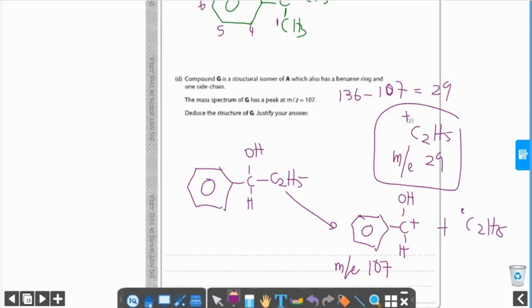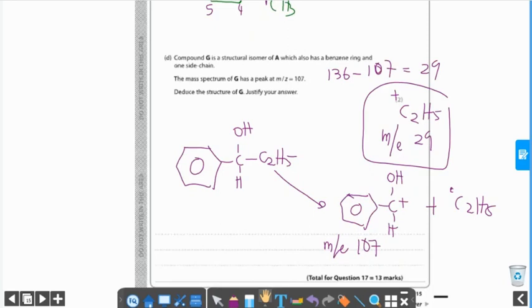So you can write this as the explanation. You can say mass to charge 107 is this species and the C2H5 group is removed. This is a possibility, because we know the difference between 136 and 107 is 29. 29 is from the C2H5 group. Clear? Any questions there?